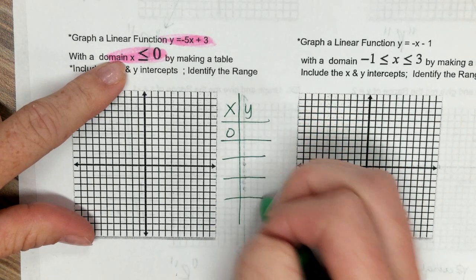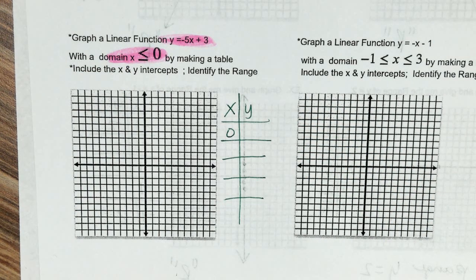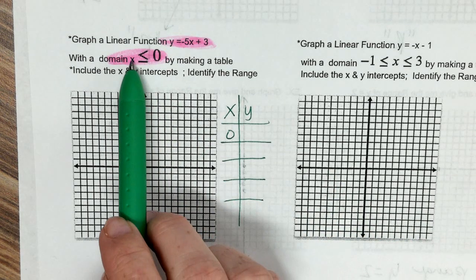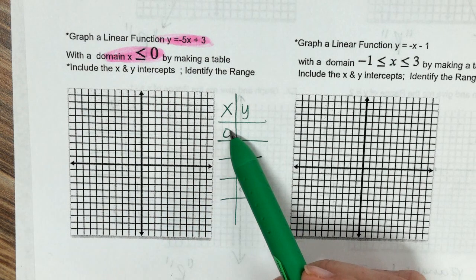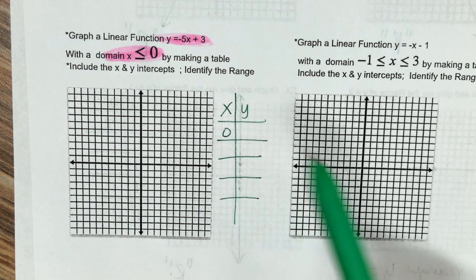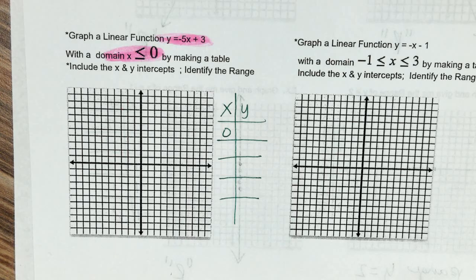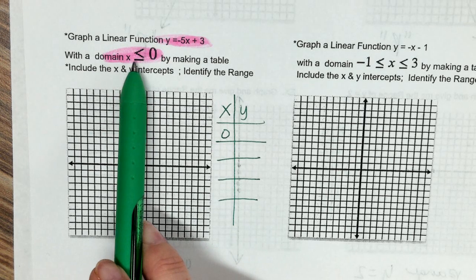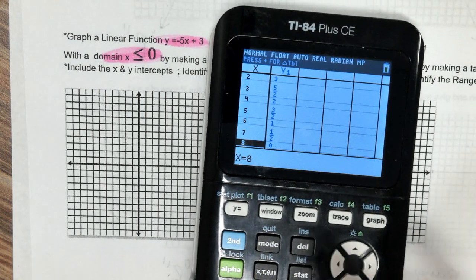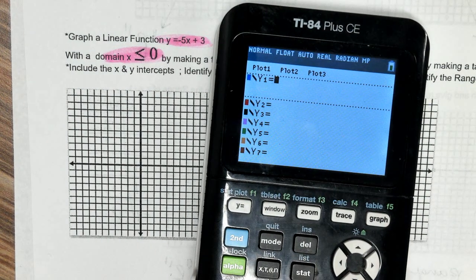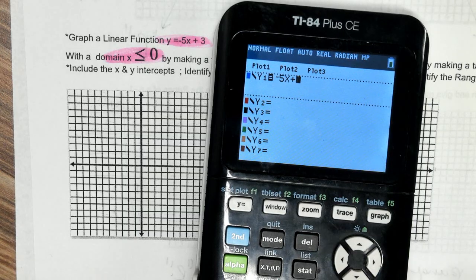Now, I'm not going to go pick because there might be fractions again. I'm not going to go pick what's going to go, but which way am I going to go? It says x is less than or equal to 0. So from 0, where am I going to go? Down. I have to go into the negatives. I don't get to go up because it's telling me it's less than. So I'm going to go to y equals, and I'm going to type in negative 5x plus 3.